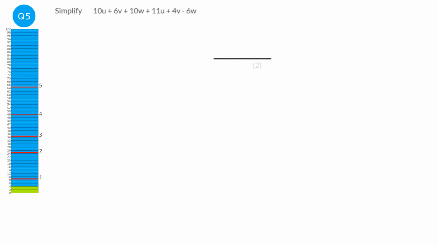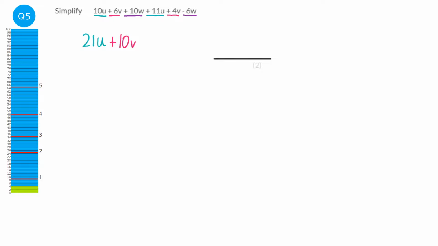This question's all about like terms. So what we can do is we can add this 10u with this 11u to make 21u. We can also add this 6v with this plus 4v to make 10v. We can also add this 10w to this minus 6w.